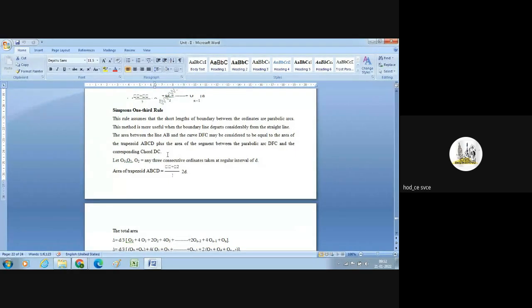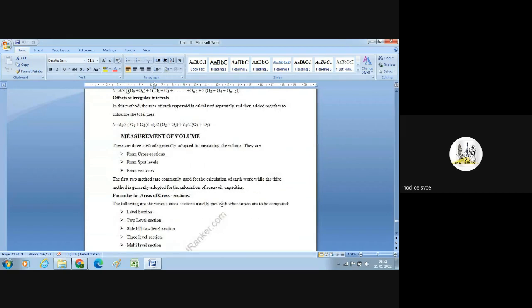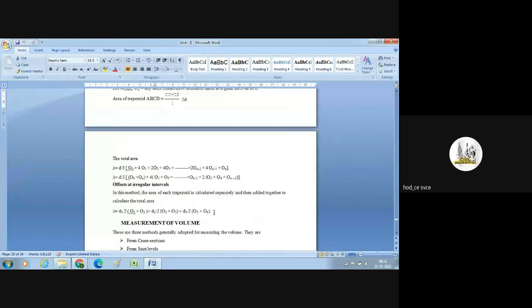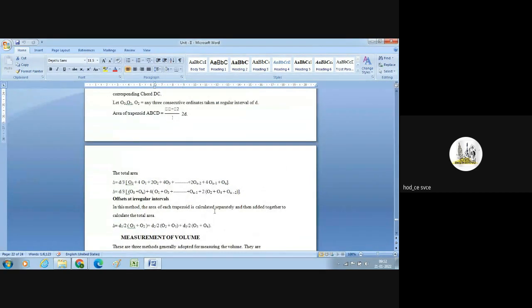So Simpson's one-third rule means we are going to calculate the area. I think in the previous class, I gave you one figure example, right? Instead of a trapezium, here we have a parabolic curve, right?